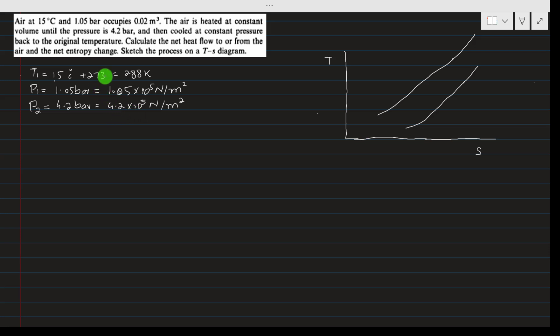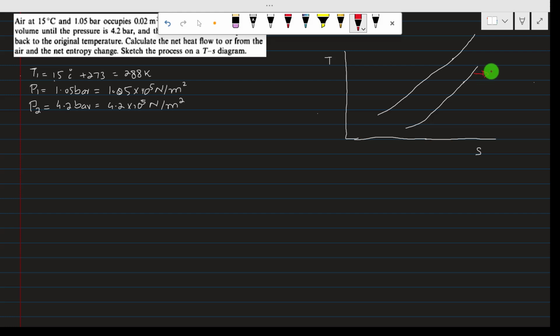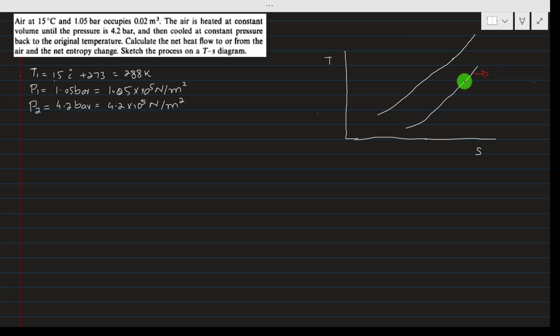Now the statement that we have read, we want to convert onto a TS diagram. This is the pressure line for 1.05 bar. This is the pressure line for 4.2 bar.